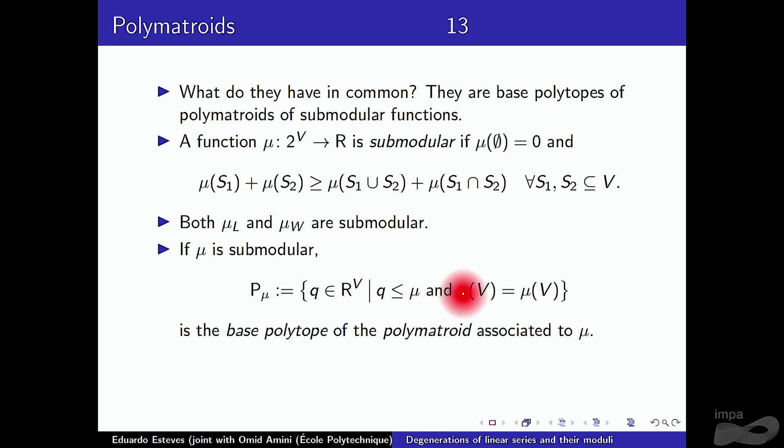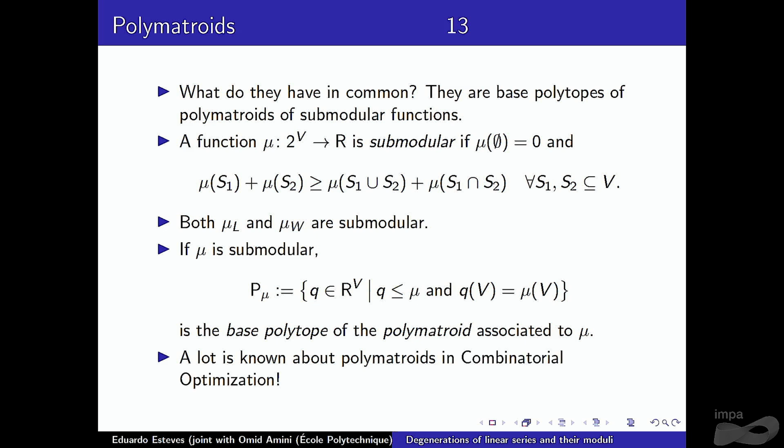And if you let Q of V equal mu of V, that's the base polytope of the polymatroid. So there is a lot of literature on these polytopes. We can understand their faces in terms of other submodular functions and a bunch of things. And our reference for that has been a book in combinatorial optimization. So that appears in other areas as well.